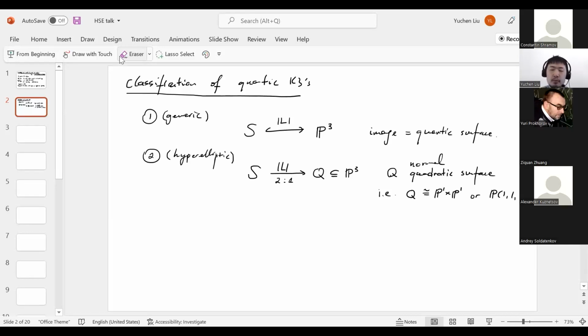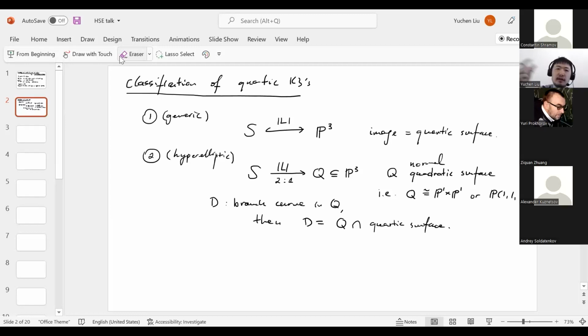And then the branch divisor will be a degree 4 intersection with a quartic surface. So if, say, D is my branch curve inside Q, then D will be the intersection of Q with another quartic surface.